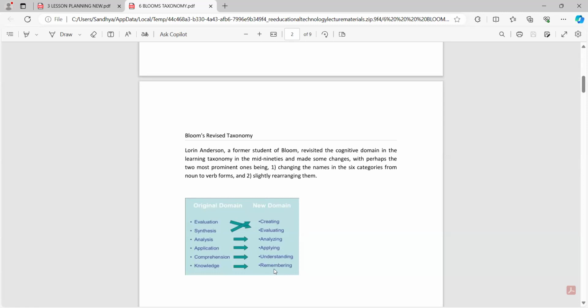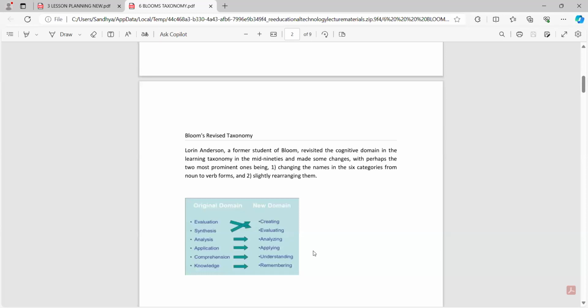We call the bottom 3 lower order thinking abilities, LOT. In the 5th class also I told you, lower order thinking abilities. What are the 3 levels? Remembering, understanding, and applying.